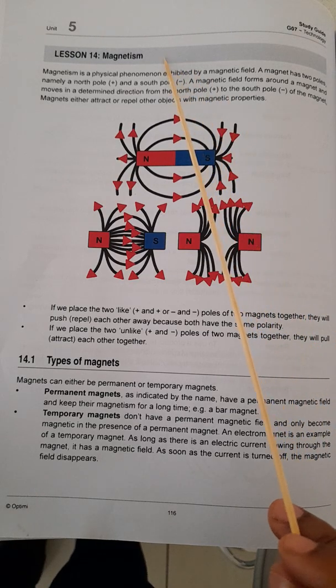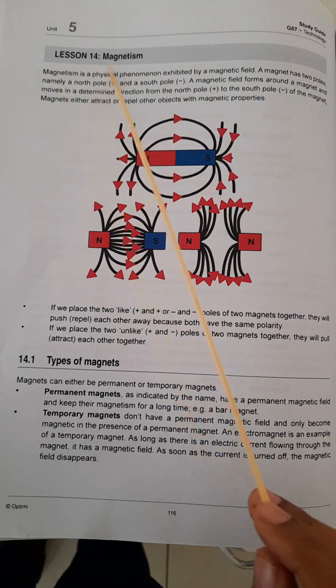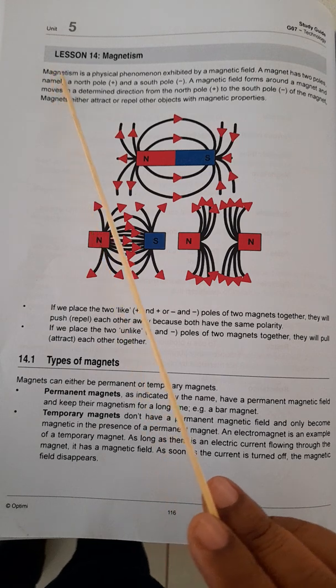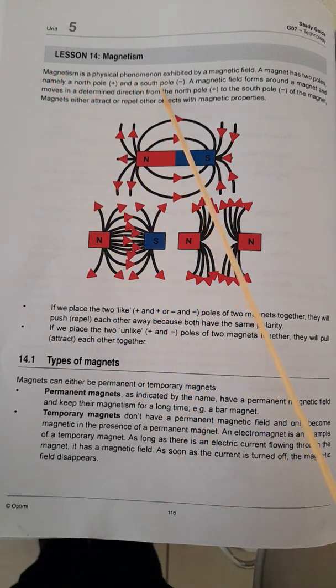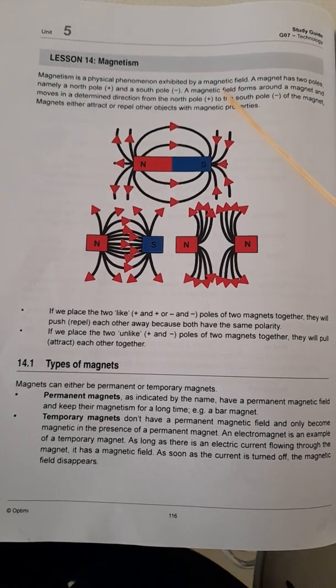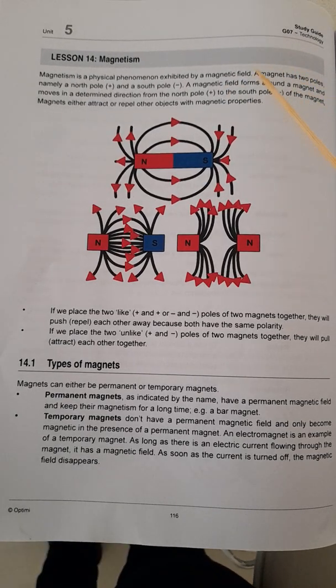So now let's look at magnetism, lesson 14 on page 116. Magnetism is a physical phenomenon exhibited by a magnetic field. A magnet has two poles, namely a north pole, which is positive.